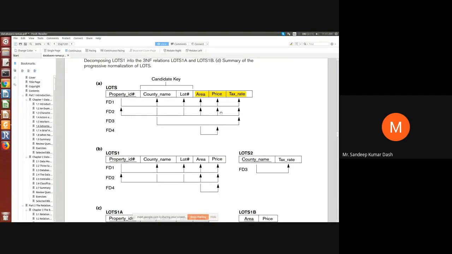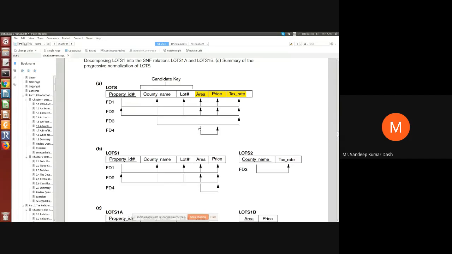These ones are non-prime attributes. These are also fully functional dependent on this one. That's why I said a dependency of a prime attribute on other prime attributes is not said in the 2NF. So no need to think of this one. You only think of the non-prime attribute, how they are dependent on the prime attributes. So this case is also escaping in 2NF, dependency of a non-prime attribute on a non-prime attribute.